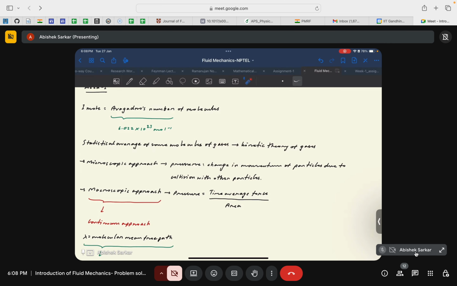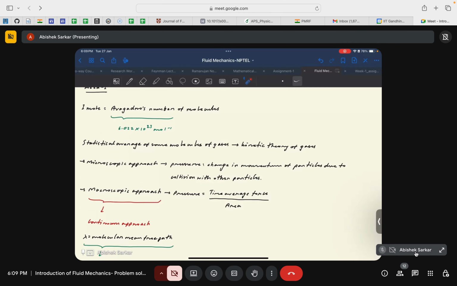We are trying to look into each and every molecule of the fluid, trying to understand how each molecule imparts its force to anything that it is in contact with, and how each of these molecules moves with time. So this is what the microscopic approach basically means.